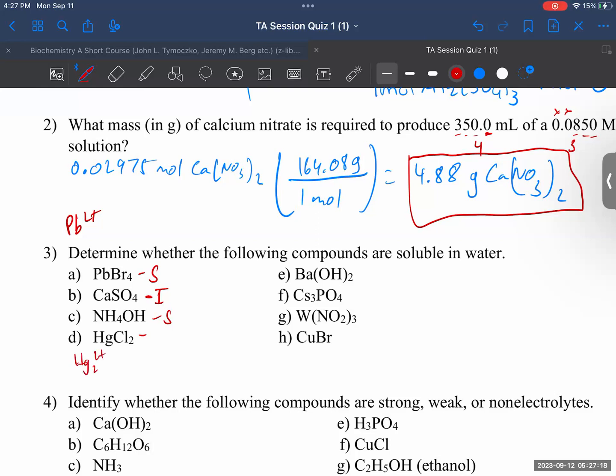No, it's Hg2 2+, which makes it insoluble. So since this is the thing you see on the chart, chlorine normally soluble, mercury is one of your exceptions, insoluble. This gets a big fat insoluble right here. Dimer. That's mercury 1, this is mercury 2.